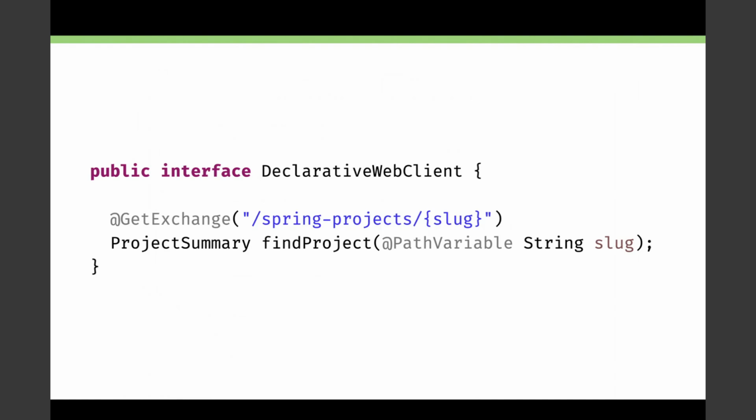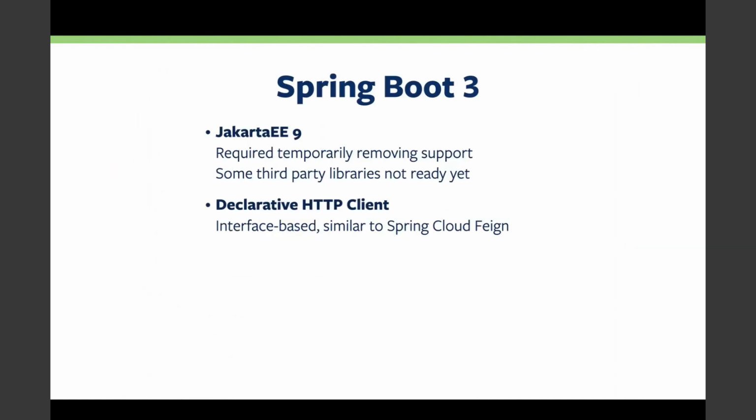You can create instances of the web client and then just call the method to execute, in this case, a get request that expands the URI with the given string parameter. So kind of interesting stuff here.